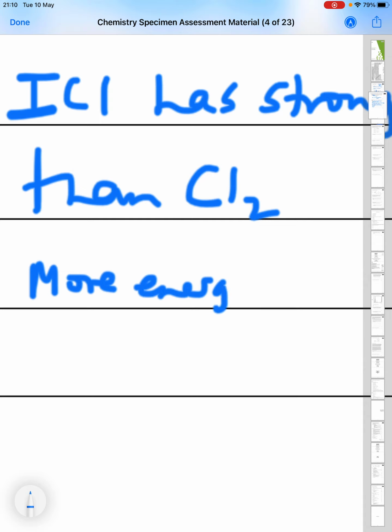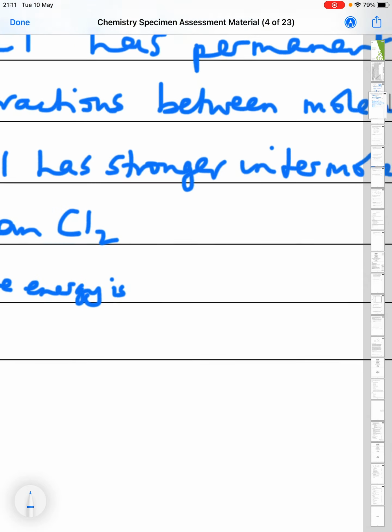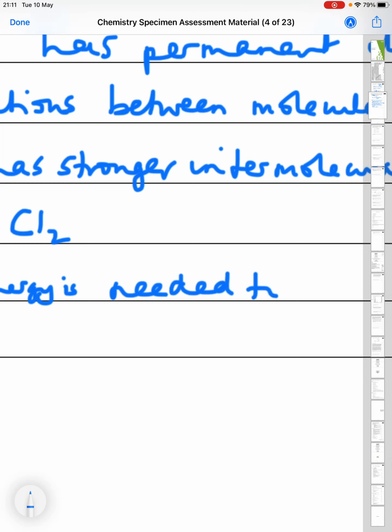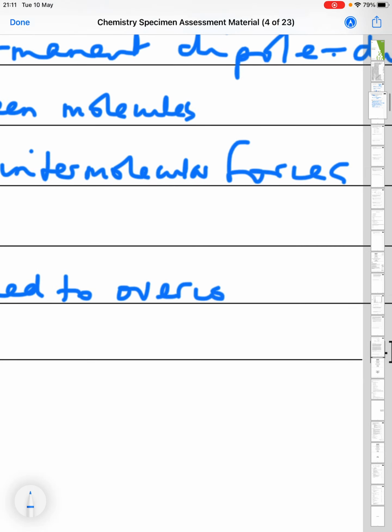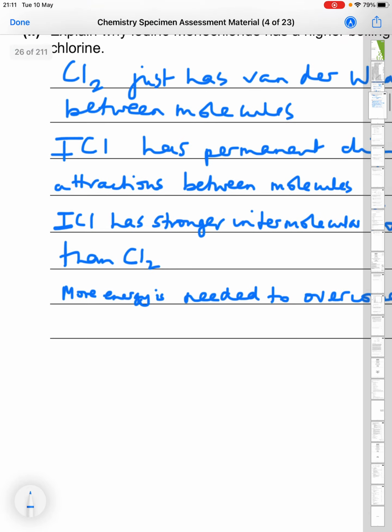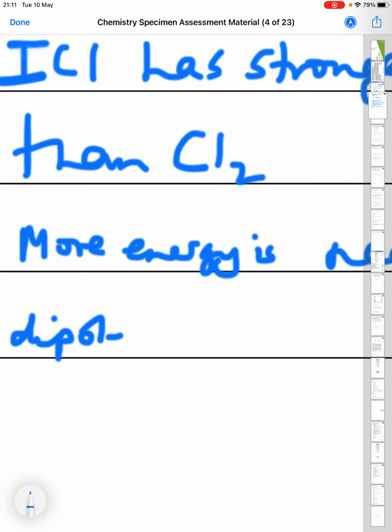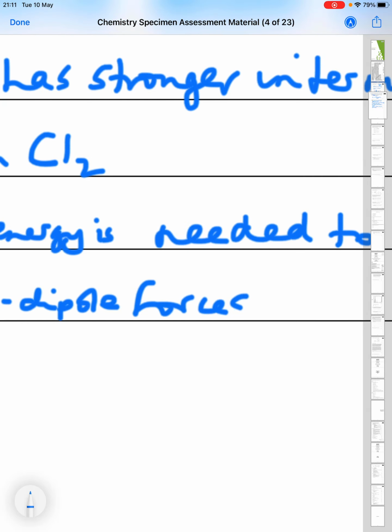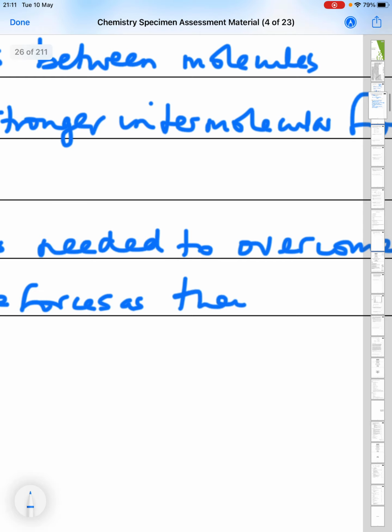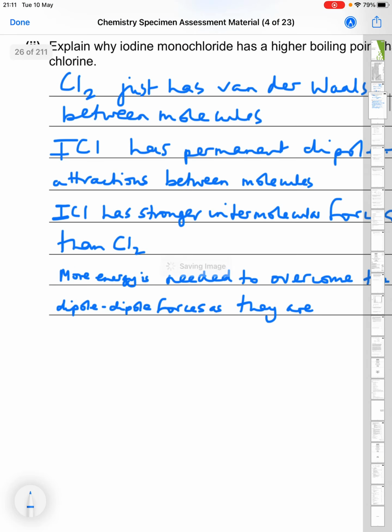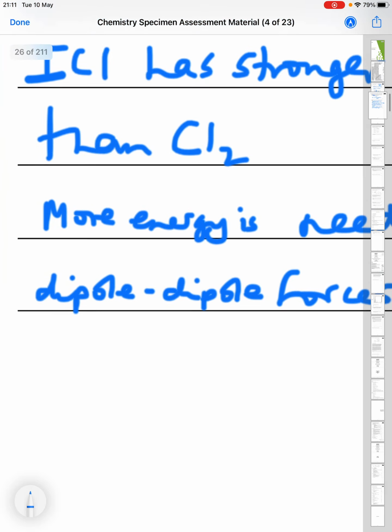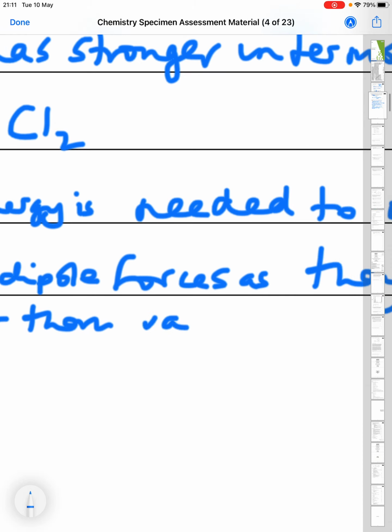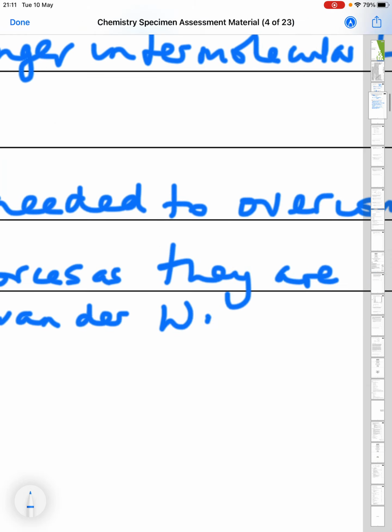And finally, more energy is needed to overcome the dipole-dipole forces as they are stronger than van der Waals.